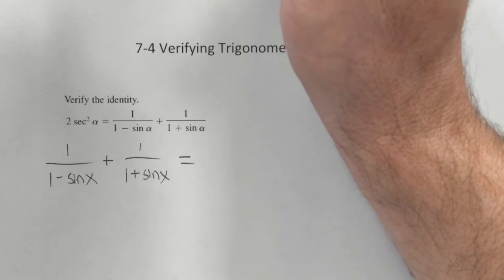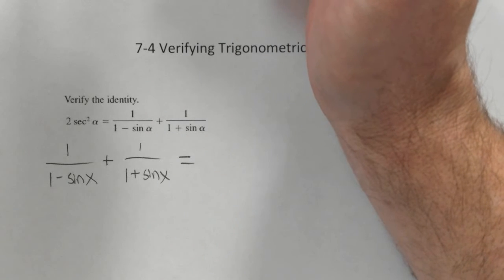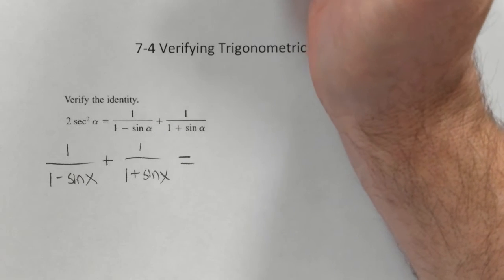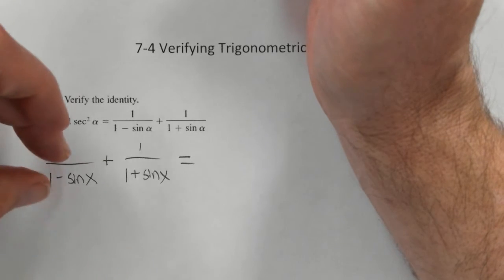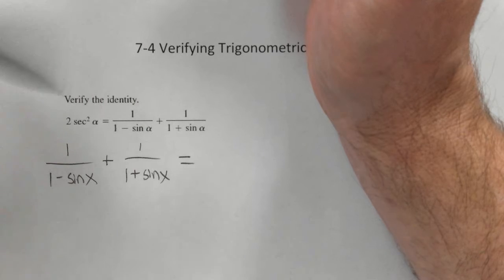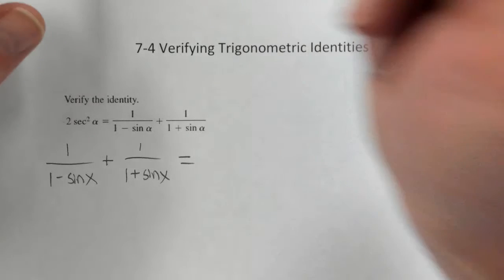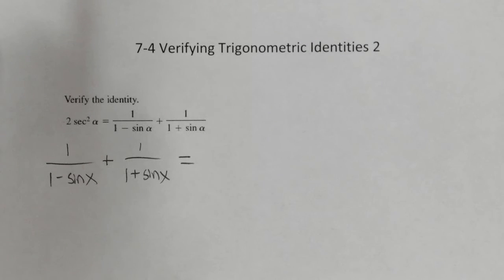The first thing we've got to ask ourselves, as far as simplifying this, is whether there's any way to add these two fractions together, because what we're trying to arrive at is not two separated fractions. So how can we do that?